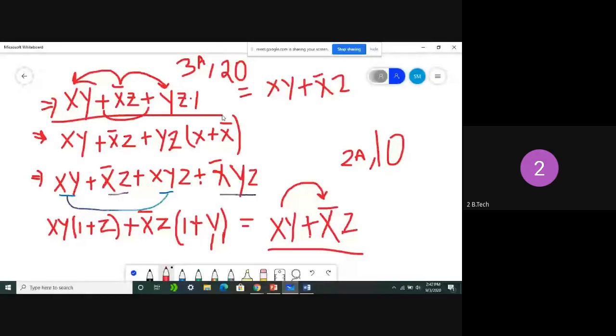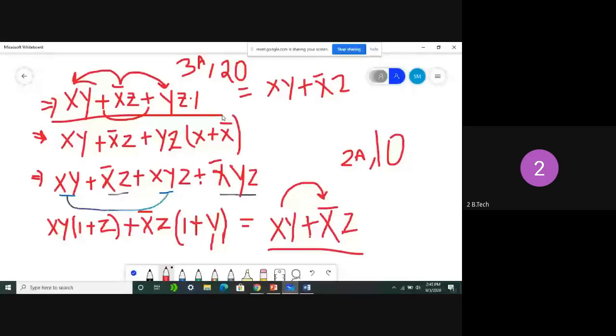After simplifying this logic, finally we got xy plus x bar z. So what is the main important role of simplification? It reduces the utilization of the number of gates. If you are reducing the number of gates, what advantages can we have? By removing components, we can have a very small size for the final product, without compromising performance.